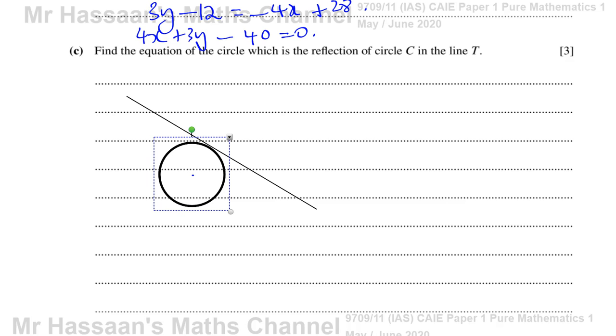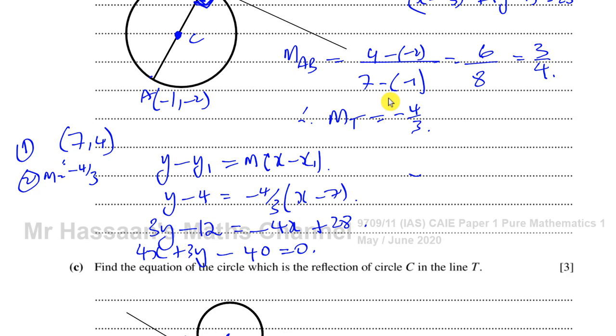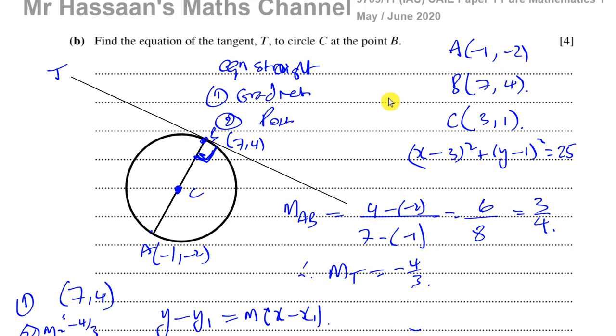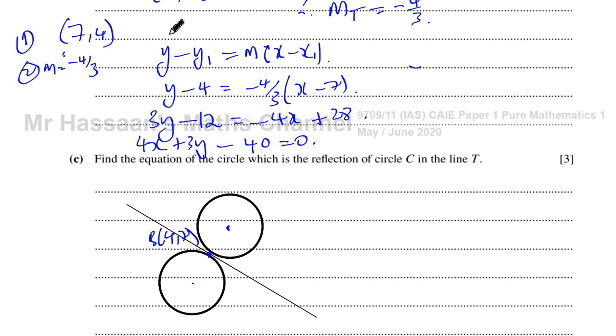So if I take this and copy and paste it, I'll have a mirror image of it on this side, and this is the reflection. This is the point B, which was (7, 4). That's what we were given.